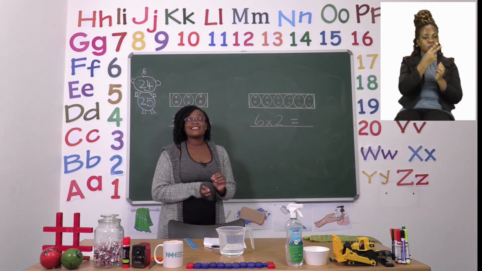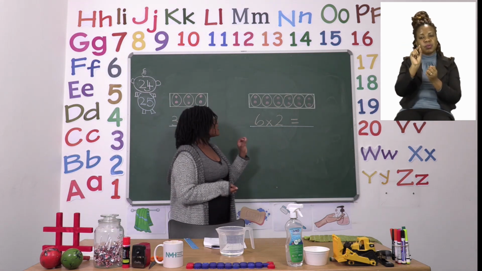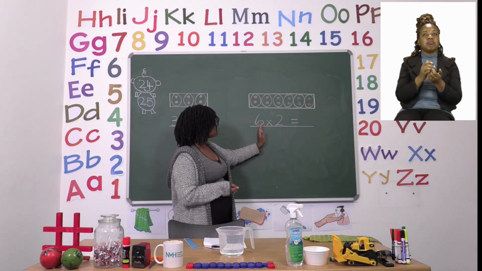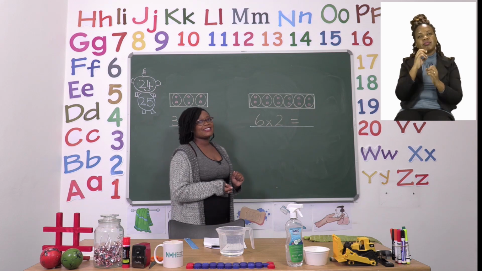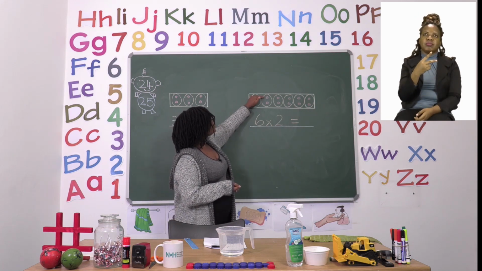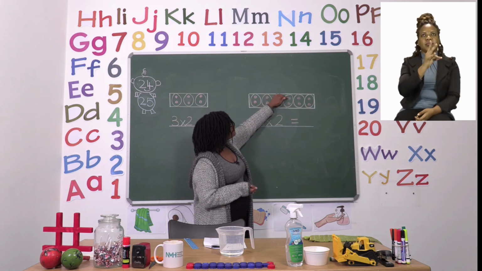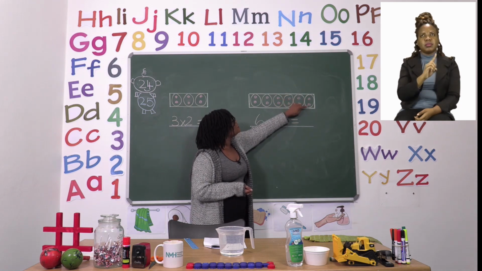So the next step is for us to count how many are there all together, so that we can say 6 groups of 2 equals the answer we get. So let us count them all together. 1, 2, 3, 4, 5, 6, 7, 8, 9, 10, 11, 12.